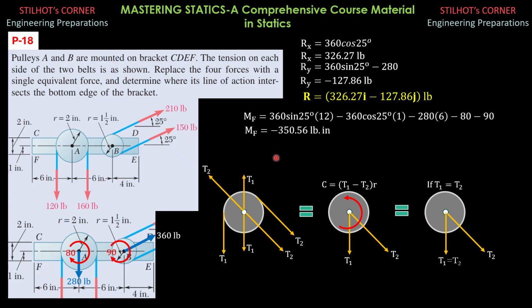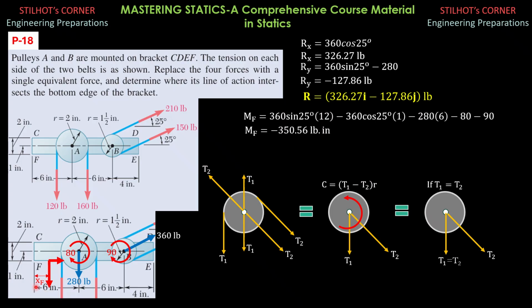Now, by Varignon's theorem for the components, I put the components here at F. The horizontal component of the resultant passes through F, so it has no moment. The vertical component, which is 127.86, is clockwise about F, so it's negative 127.86 times XF.